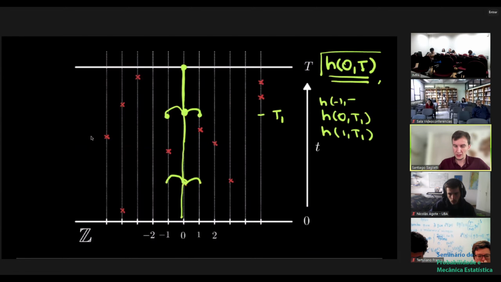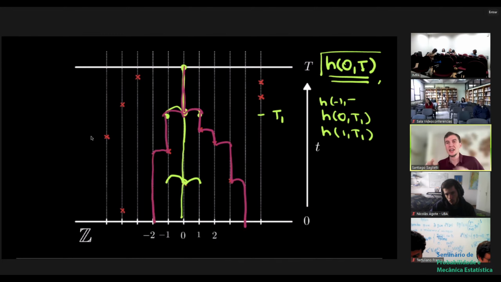Any path in this net of paths somehow needs to be contained in the area generated by the path which every time you see a cross jumps to the right, and the path which every time you see a cross jumps to the left.